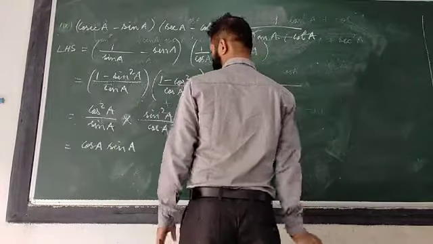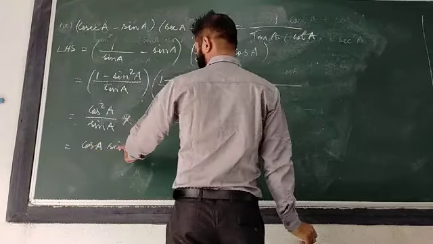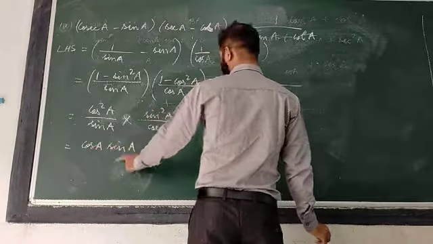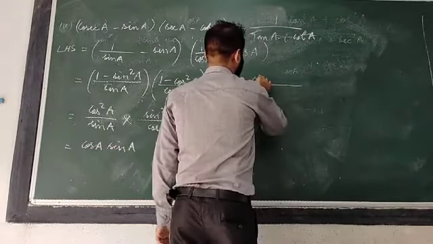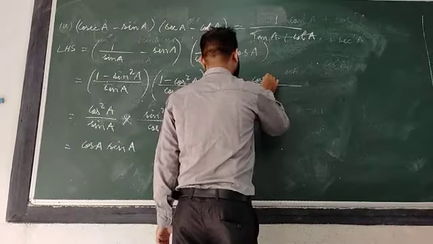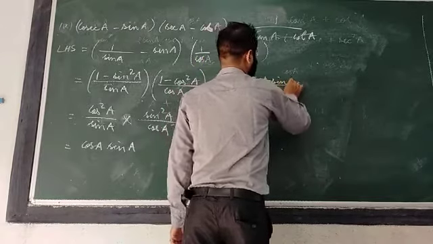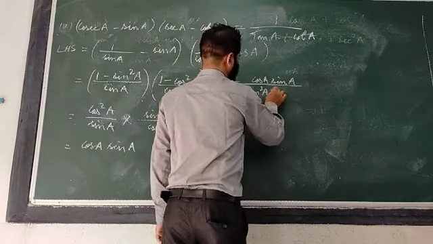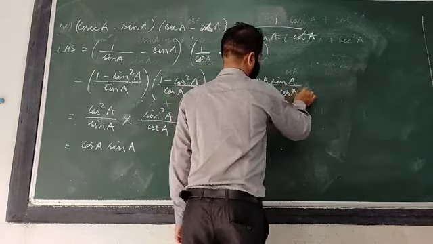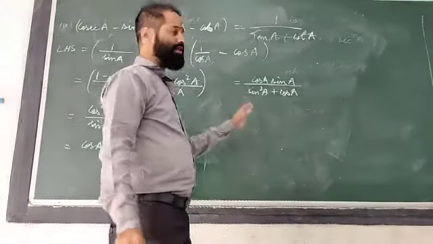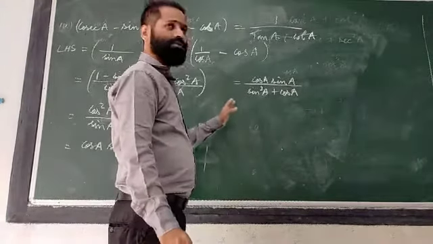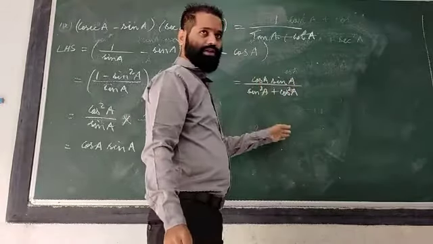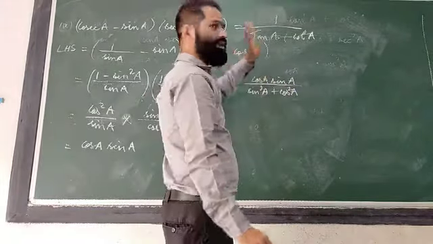This is cos A sin A. You know that the denominator is 1. So can I write sin square A plus cos square A? Just see, this is critical. It's up to you. If you want to continue this, you can continue, otherwise you solve RHS.